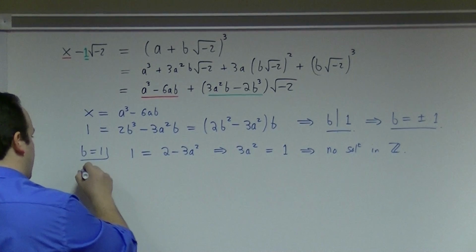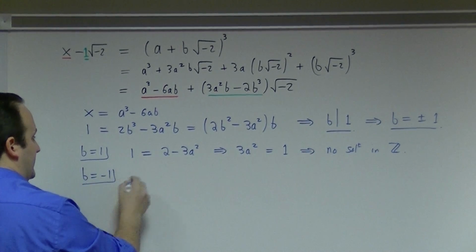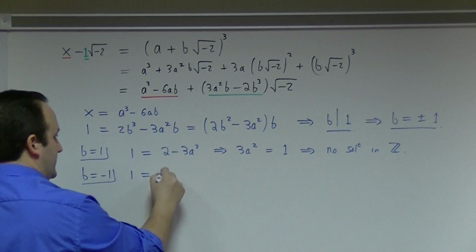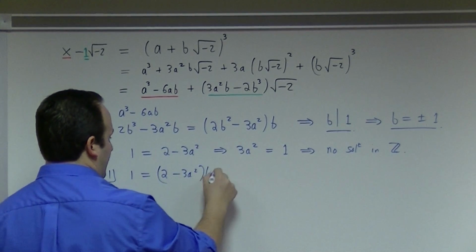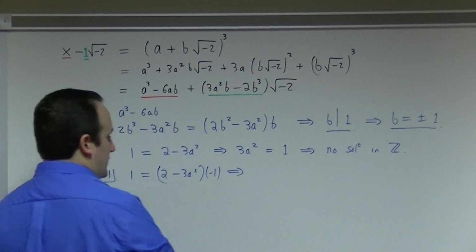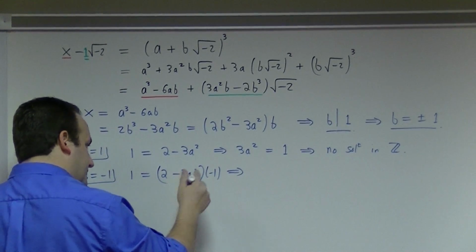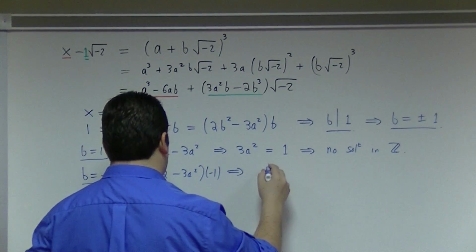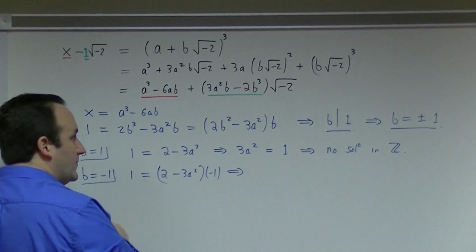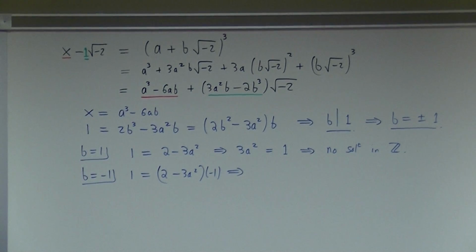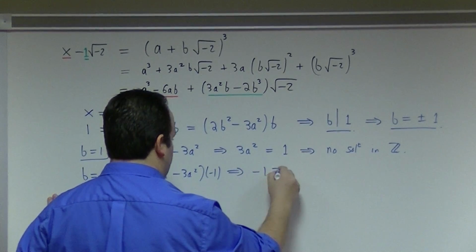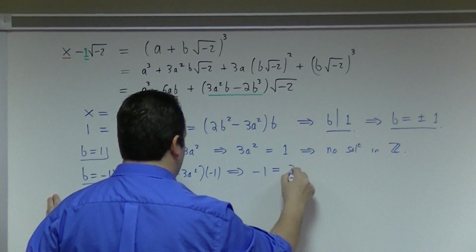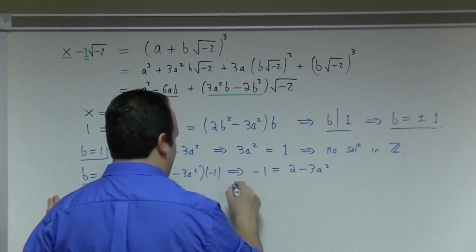What's the other case? b equals minus 1, right? Then I get 1 is equal to 2 minus 3a squared times minus 1. Sorry, another step, minus 1, I'm an idiot. 2 minus 3a squared. Okay, algebra.